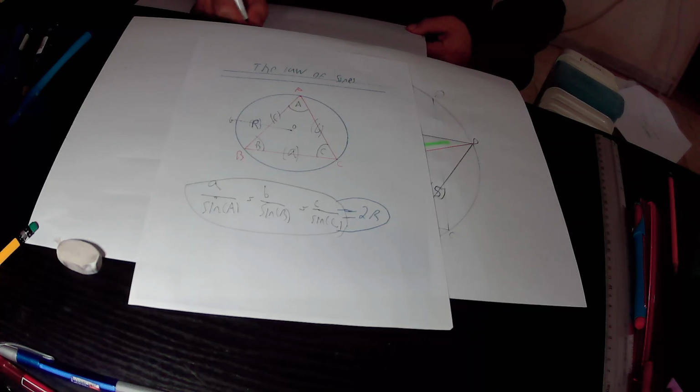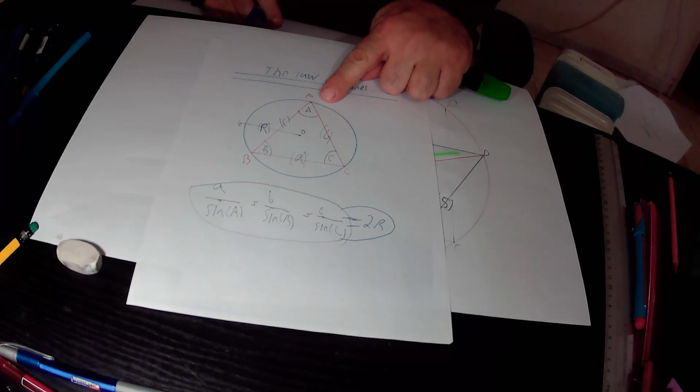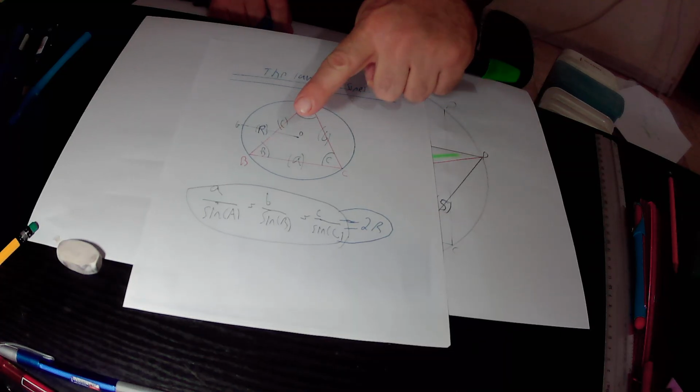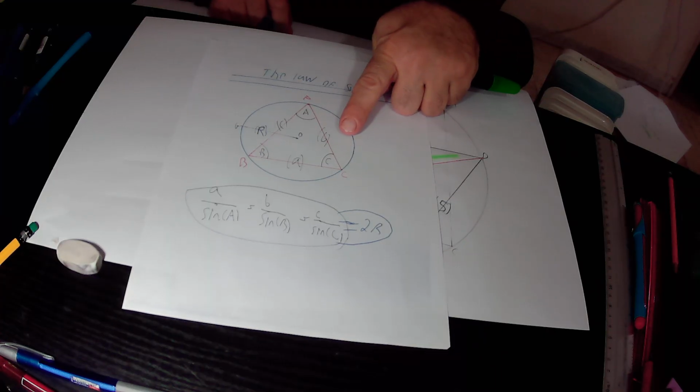So actually, this is triangle ABC that could be any triangle. This is angle BAC, equal to capital A in size. This is angle ABC, equal to capital B. Finally, this is angle ACB, equal to capital C.